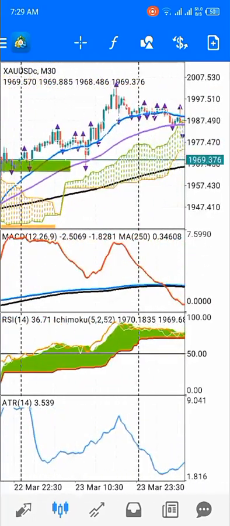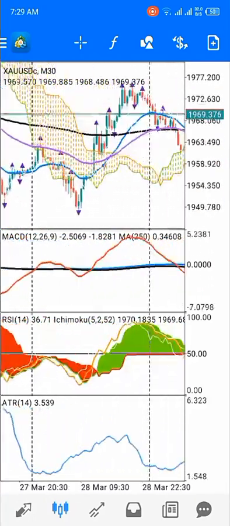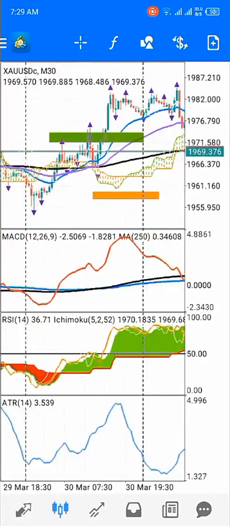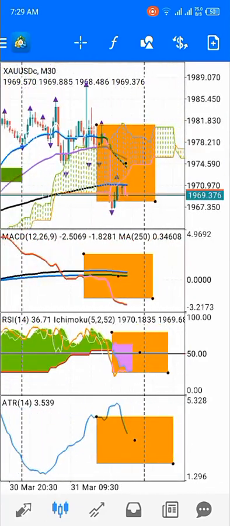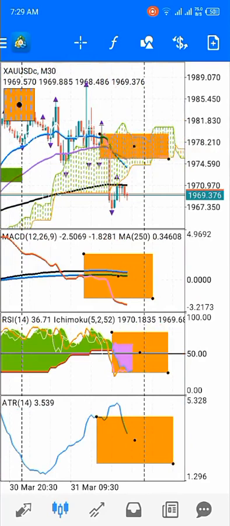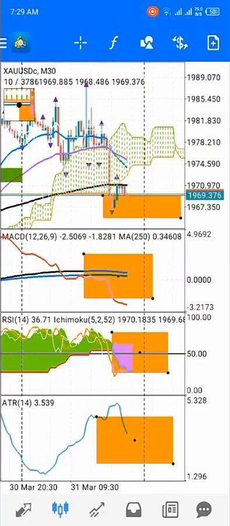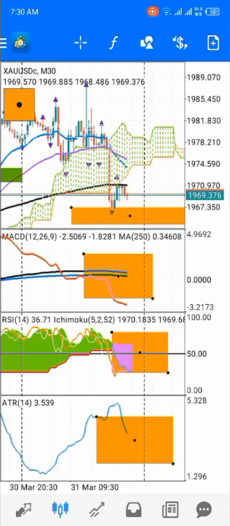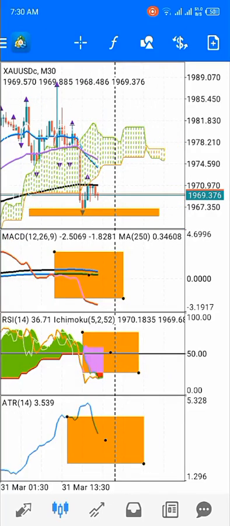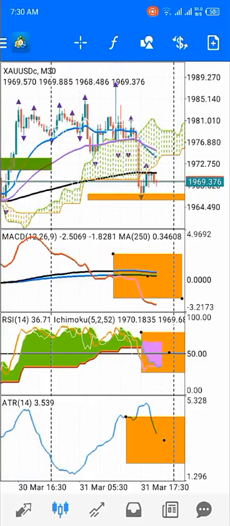When shorting gold, if price drops below all indicators except for the black line, you can place your sell trade. But price will have moved to an extent before it eventually crosses down below the black line, and you can still place a sell trade at that point.